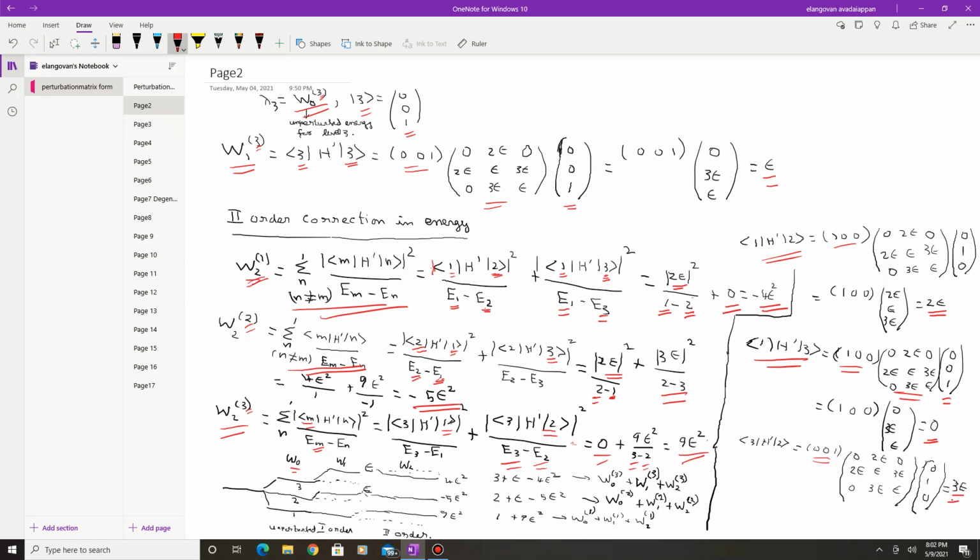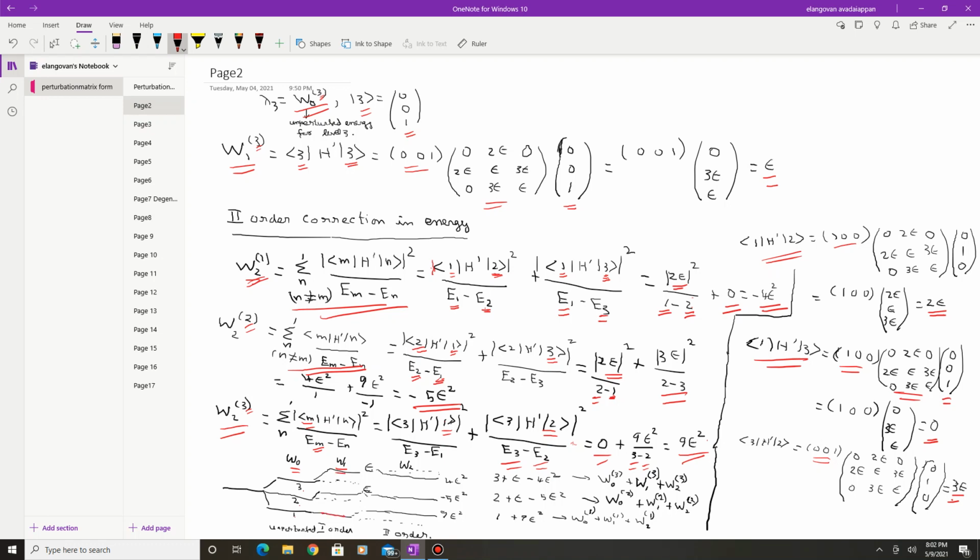W0 is 1, 2, 3. The energy values are 1, 2, 3, and the first order correction. W1 is the first order correction. For this level, it is 0.